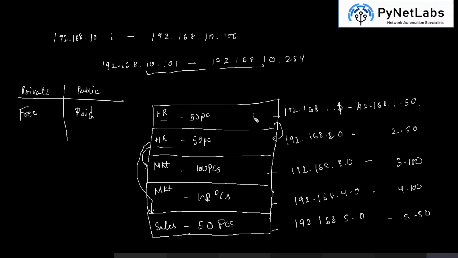Then after that, from 1.51 to 1.100 on this floor. So we'll now understand how it works, and what are the requirements we have to keep in mind, so that a subnet mask can be found.